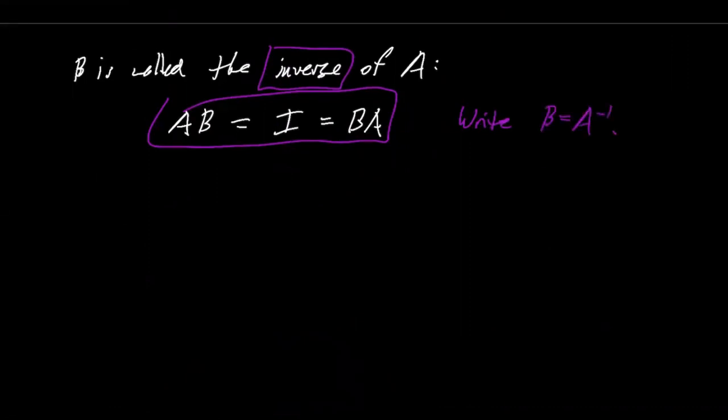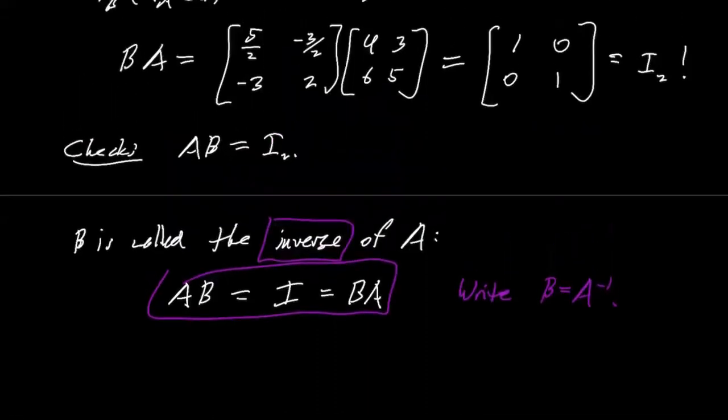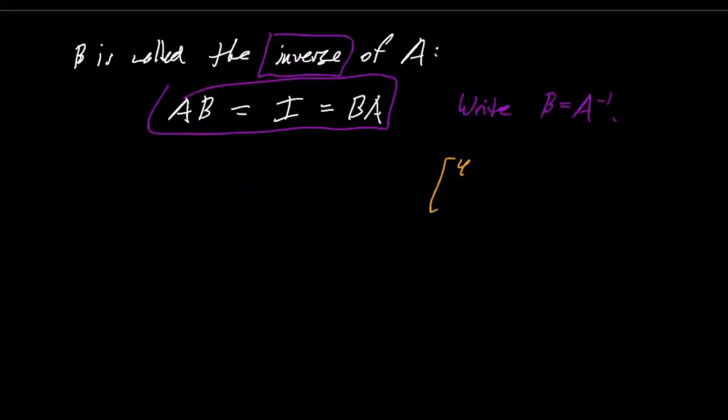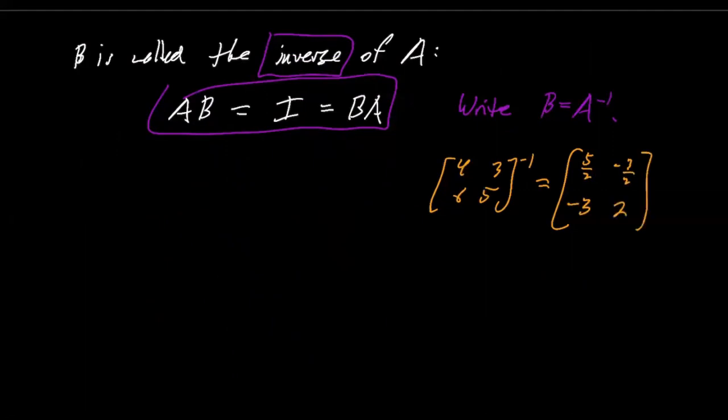And so that's actually considered the inverse matrix of the matrix A. Or in other words, I could even write it as the following, that the matrix 4, 3, 6, 5 inverse is 5/2, -3/2, -3, 2. Okay.